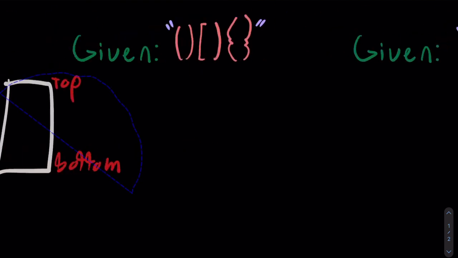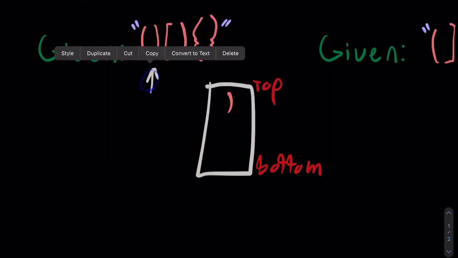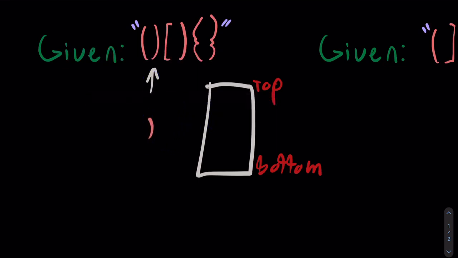Continuing on to the next example, here the first character we see is an opening character, so we're going to push its corresponding closing character onto the stack. Next, we move forward and we see a closing character, so we're going to check to see if these two characters match. Pop from the stack, and we see this character that we just popped off does match the character that we're currently on in the string, so we don't do anything.